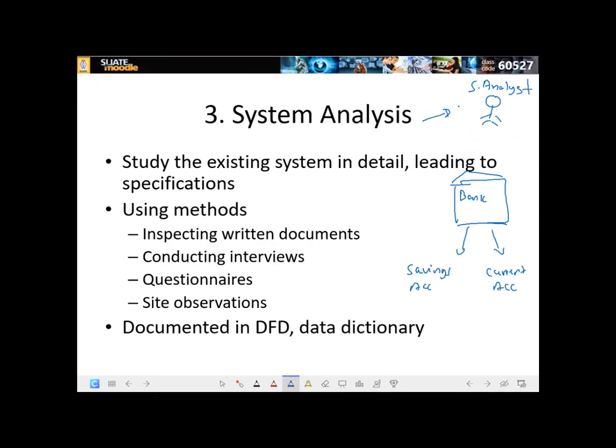He is in this development team and is going to find this information. The system analyst can conduct interviews with the people who work in this exam branch and get the details from them.